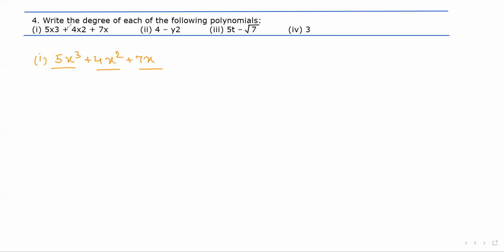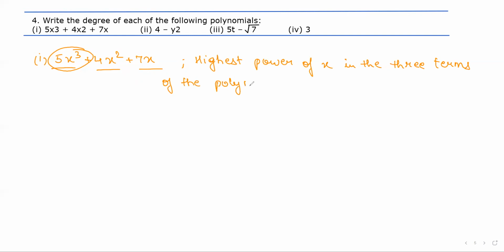Amongst these, the highest power of your variable x in the three terms of the polynomial is 3, covered in the first term. Other powers would be 2 and 1 respectively.